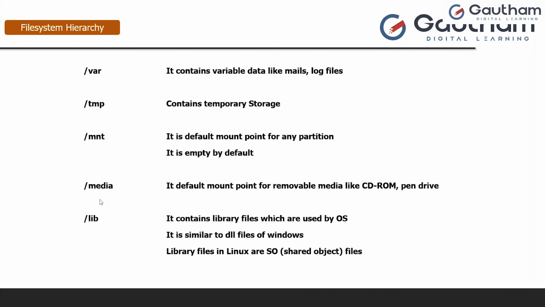Now each language has its own set of libraries. Without these library objects, it is very difficult for the software to function. So all sets of programming libraries, whether it is Java, Python, C, C++, whatever it might be, all those libraries are going to get installed in lib.